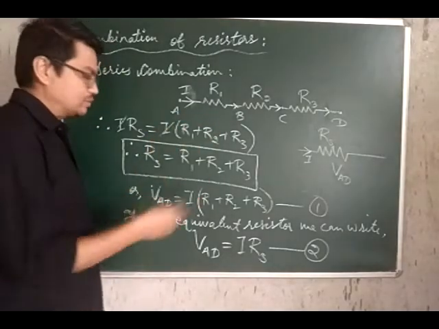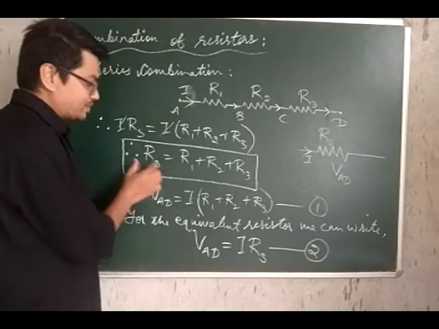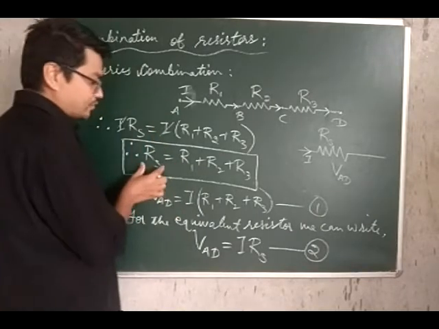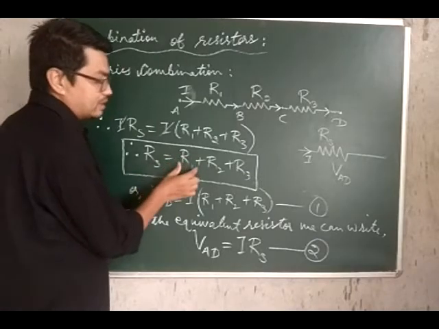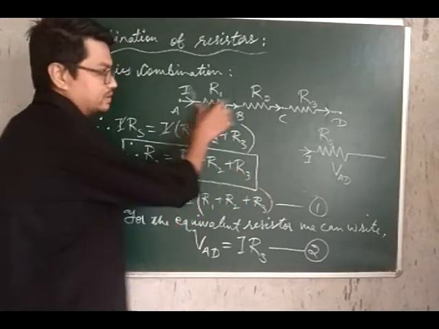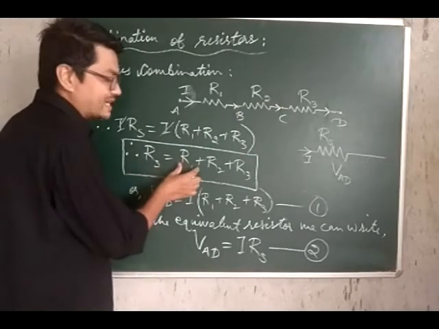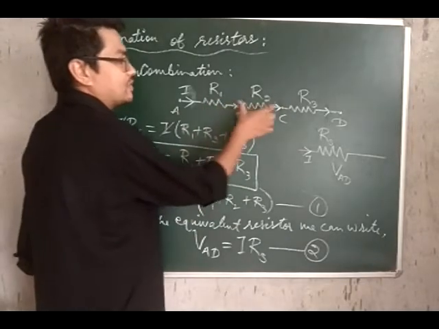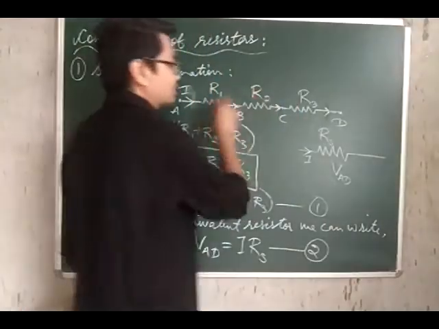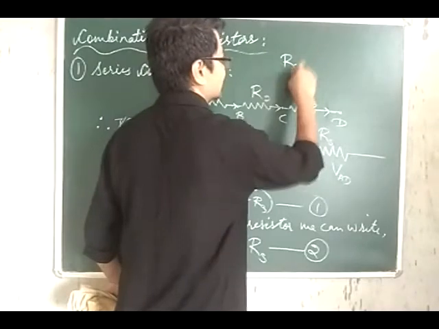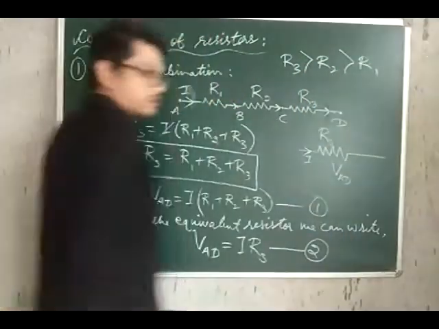Let me tell you right away. What we can conclude from here is that the value of the equivalent resistance is, as you can see, the sum of the three resistances. So the value of the resistance is greater than the greatest value of resistance that we have over here. Say, for example, between R1, R2, R3, R3 has the highest value of resistance.